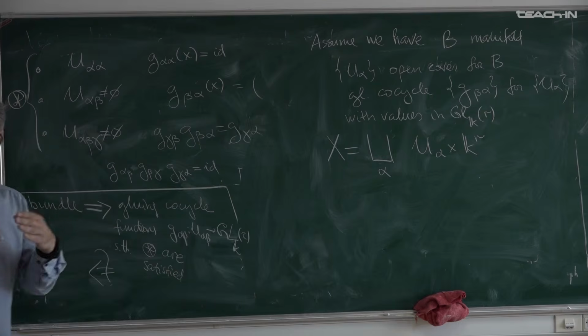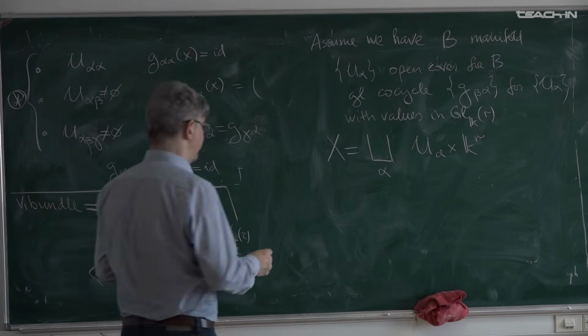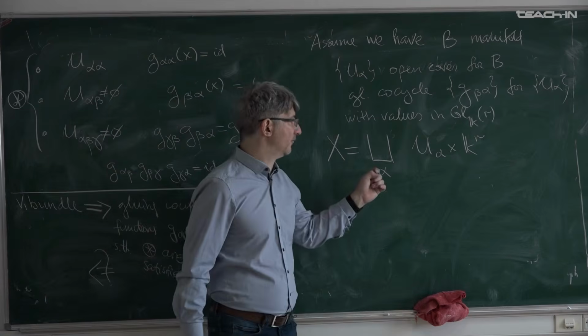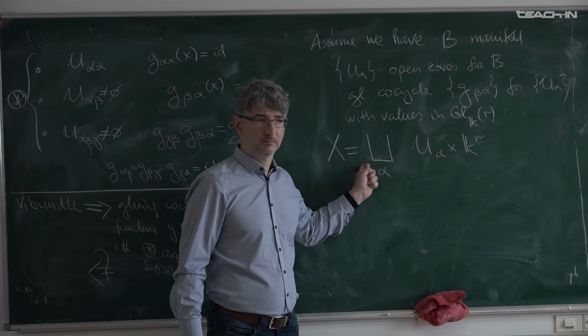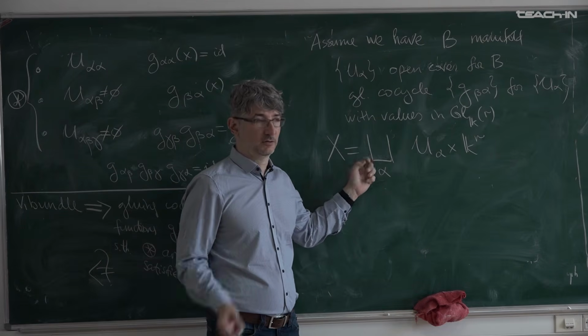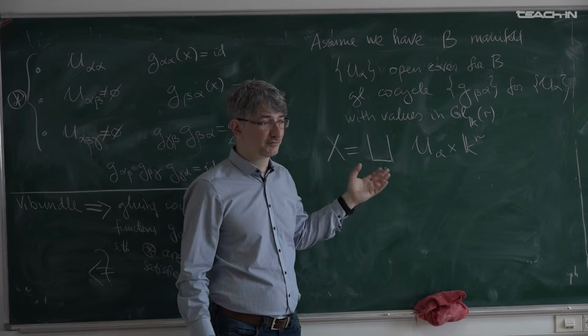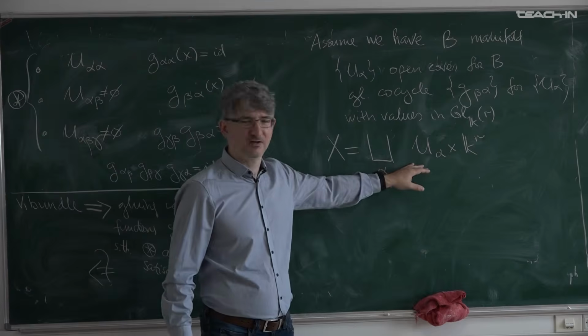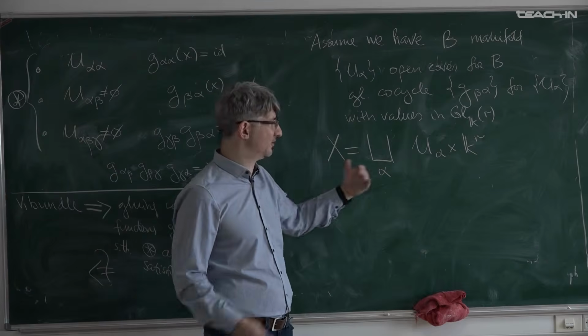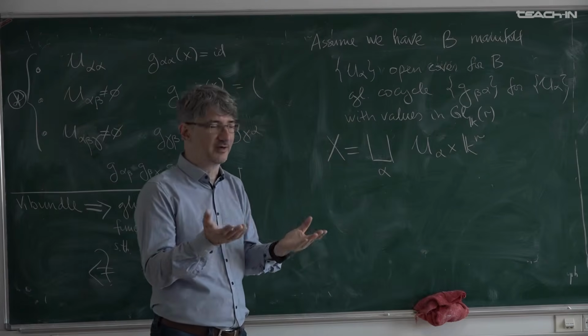Are you comfortable with this disjoint union? Okay. So we have pieces. That's too much, because we know these pieces should be identified in some way.